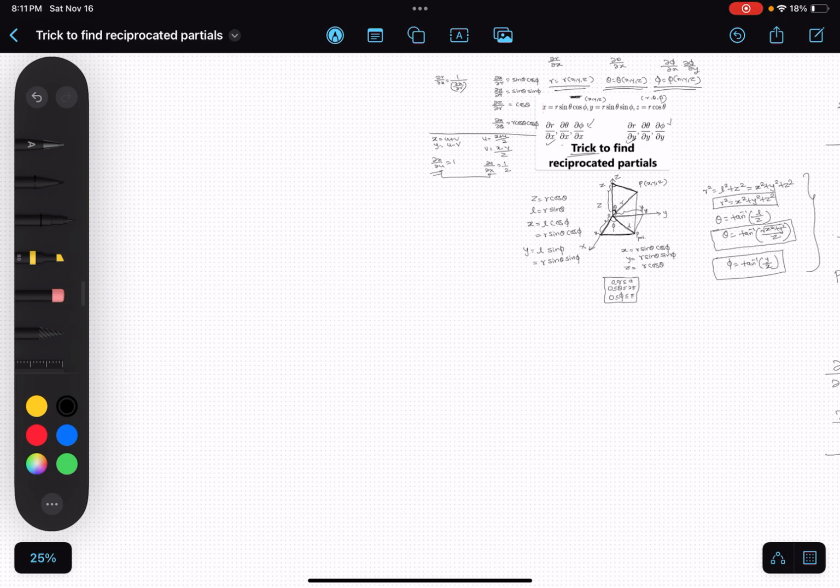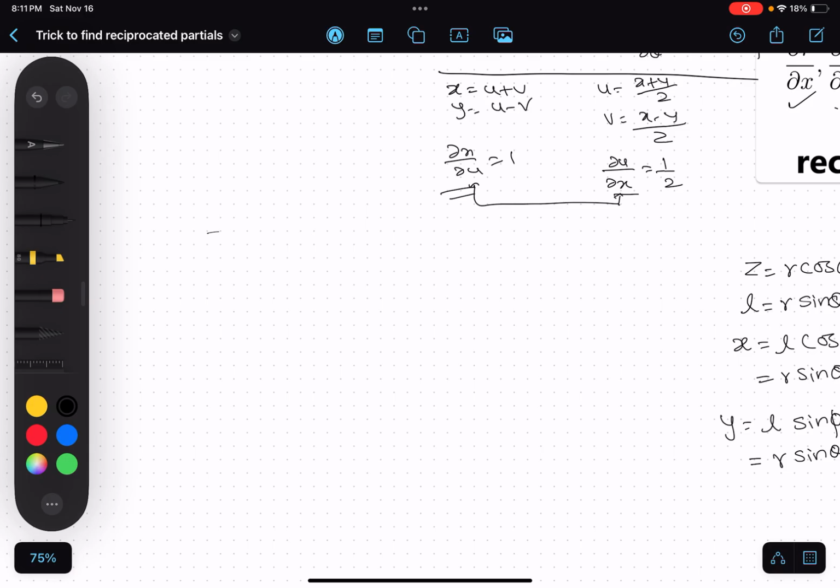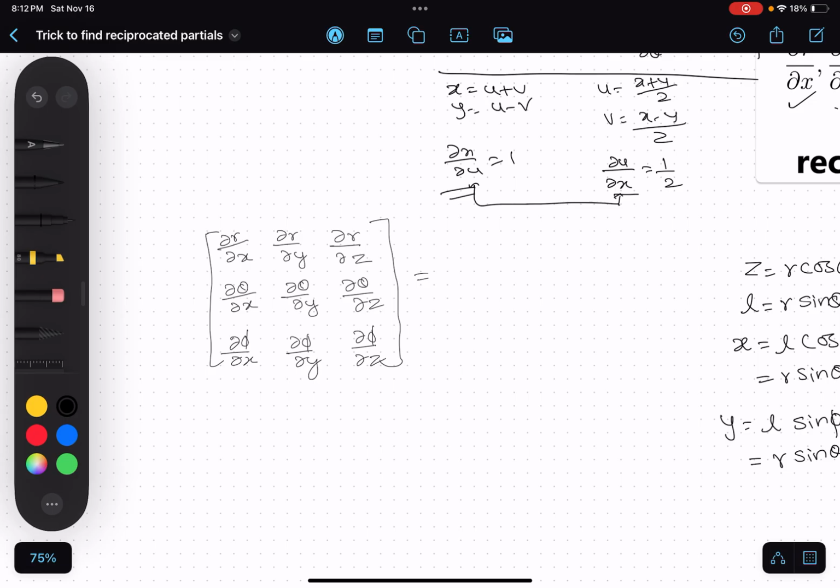The trick is, if you want to find that matrix of partial r by partial x, partial r by partial y, partial r by partial z, how r changes, partial theta by partial x, partial theta by partial y, partial theta by partial z, how theta changes, and partial phi by partial x, partial phi by partial y, partial phi by partial z, if you want this matrix of how r, theta and phi change, this matrix will just be the inverse of the matrix of how x changes, how y changes, and how z changes.